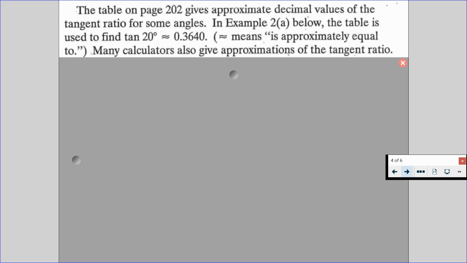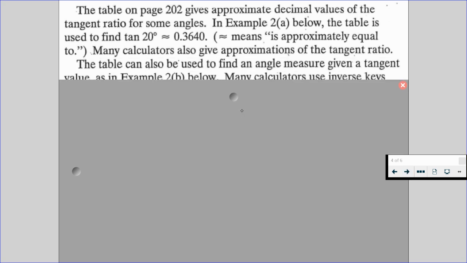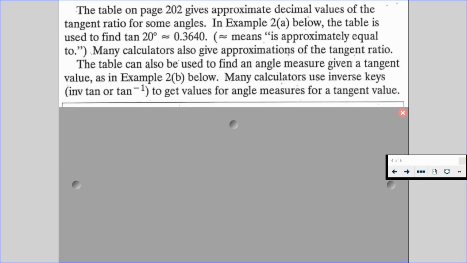Many calculators also give approximations of the tangent ratio. And the table can also be used to find any angle measure given a tangent value, as in example 2b below. Many calculators use inverse keys, such as inverse tan or tan to the -1, to get values for angle measures for a tangent value. And we'll be talking about those in a little bit.